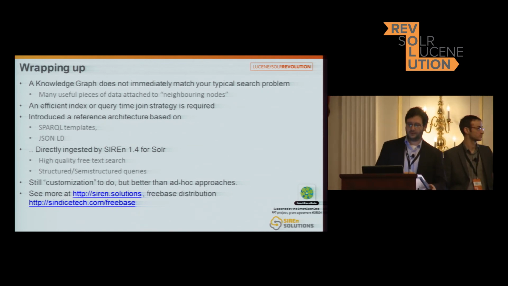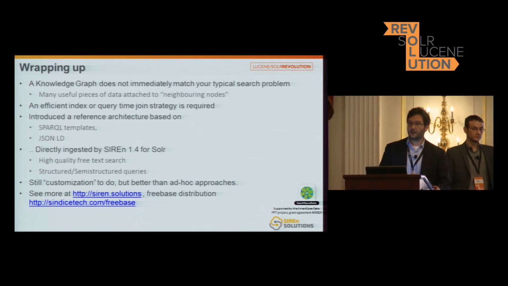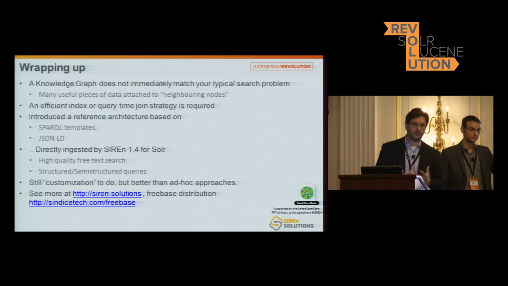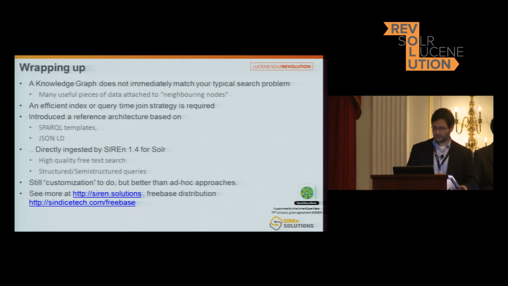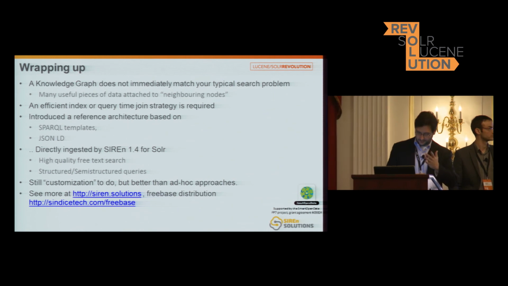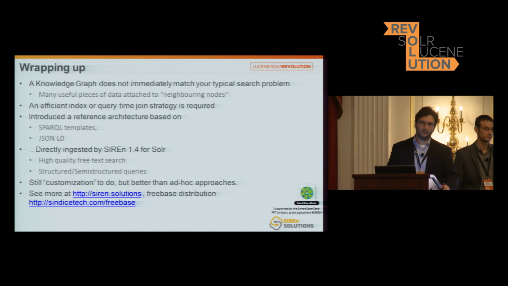So you need an efficient strategy, and a strategy which, if you want high quality and to be able to do semi-structured search, has to be able to do joins, in a sense. There are very efficient ways to do query time joins and index time joins. Query time joins are also coming with other architectures. So what we've shown you is a very simple architecture that uses Sparkle, which is very handy to do this.